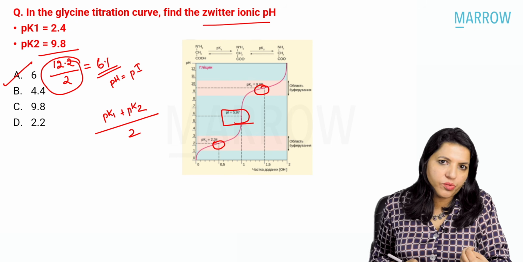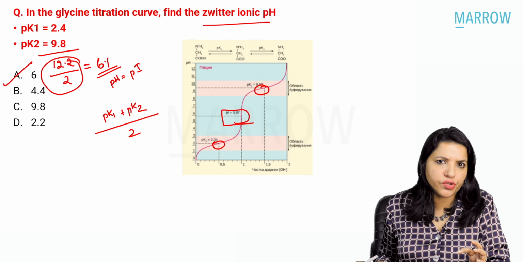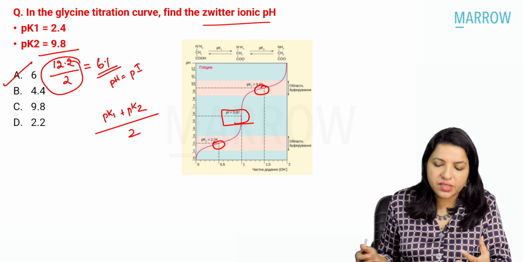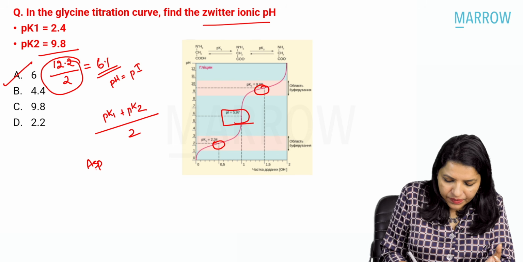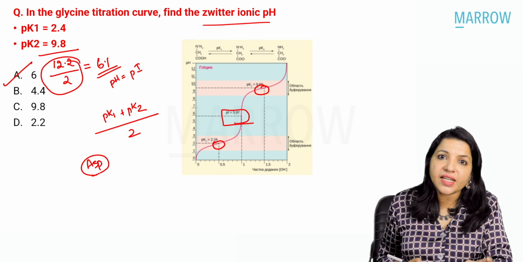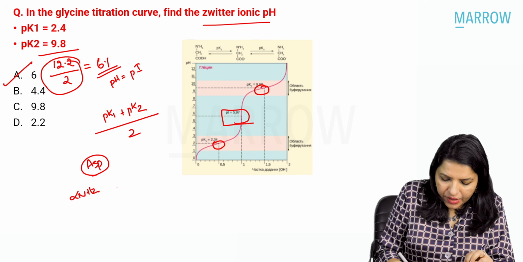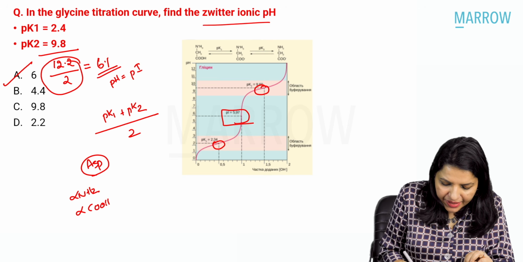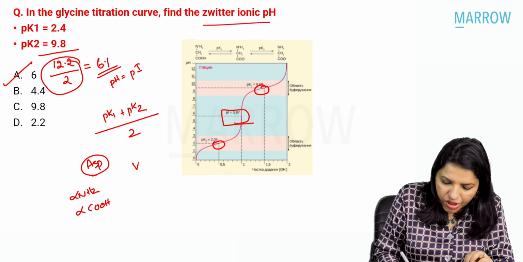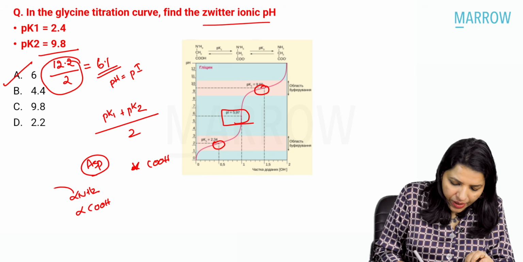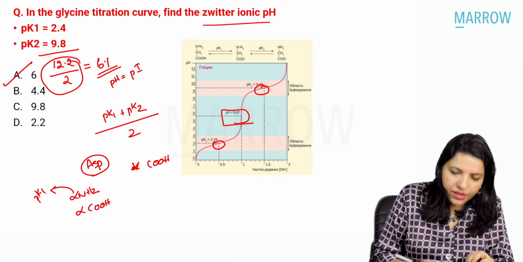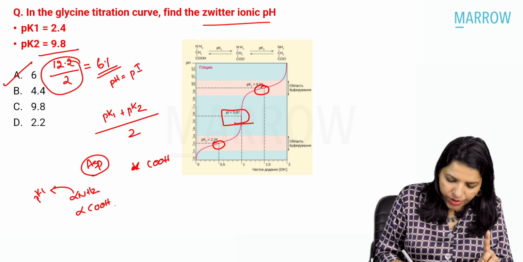Similarly, I will tell you one more thing. If this is glycine, there is no confusion. But if the question is aspartic acid, then aspartic acid has three ionizable groups. One is the alpha amino group, then it has an alpha carboxylic acid group. In the variable side chain also there is a carboxylic acid group. So I am giving pK1 here, the ionization constant of one ionizable group.